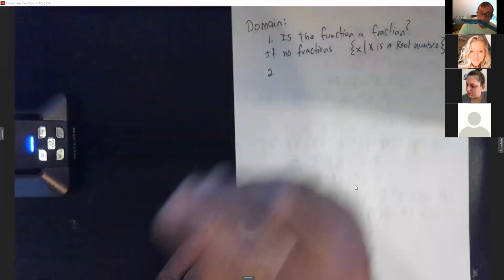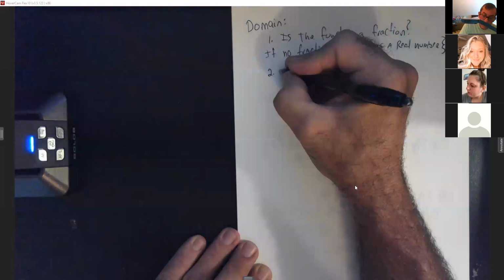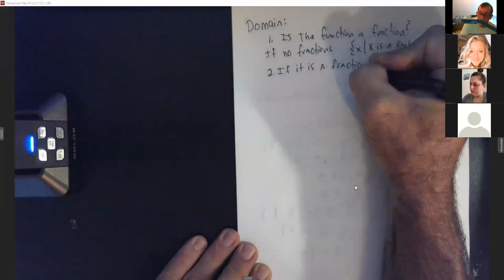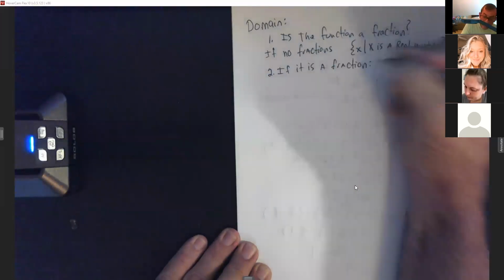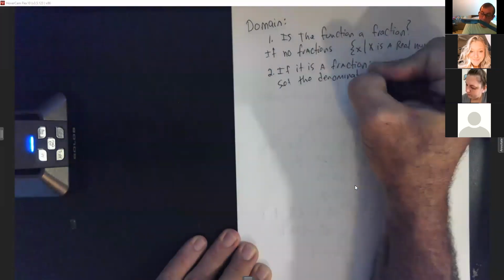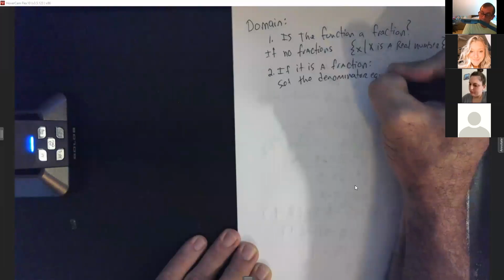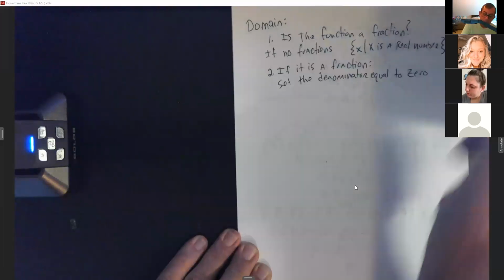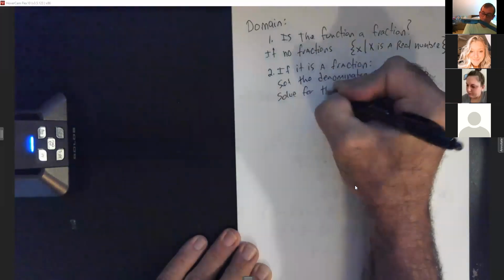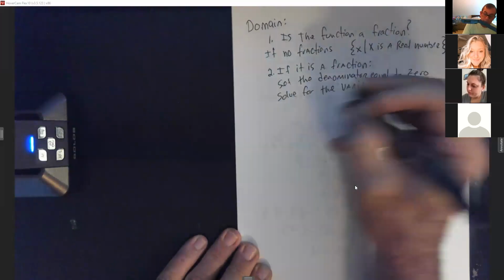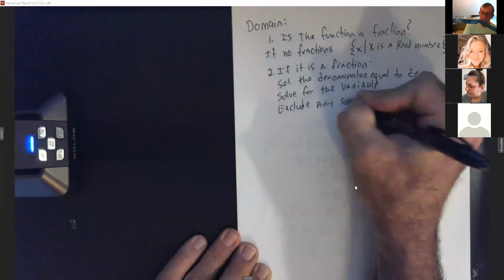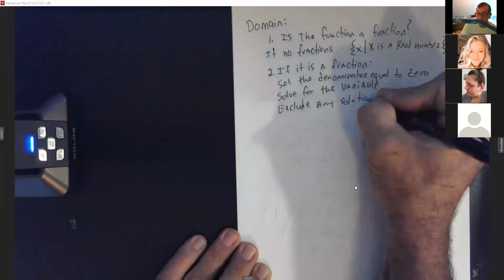But remember, if it is a fraction, what we had to do was set the denominator equal to 0, solve for the variable, and then we exclude any solutions from our domain.